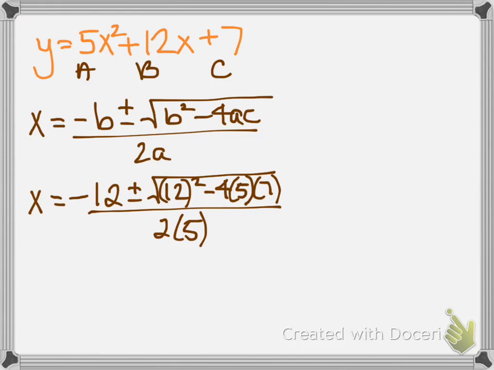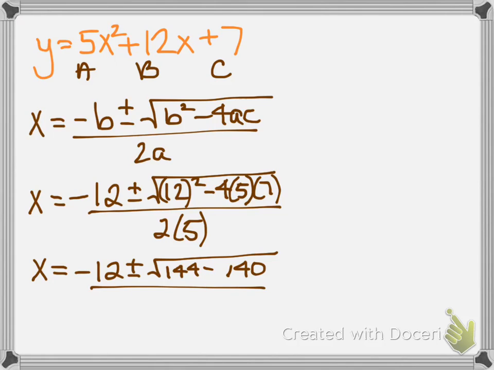I didn't do this example ahead of time, so I'm going to have to do a little calculation while I'm working here. So let's see. x equals negative 12 plus or minus the square root of 144 minus 20 times 7, which is 140, divided by 10.